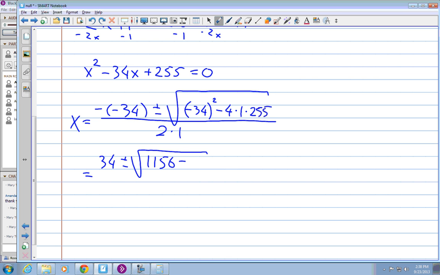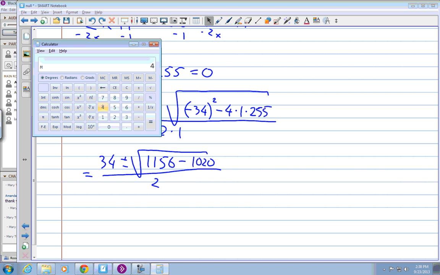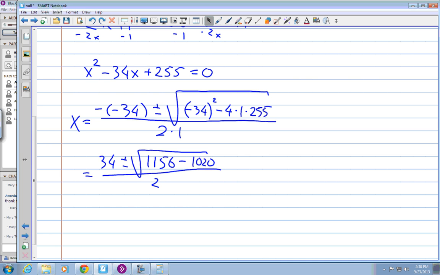No, wait, yes. 1020. If you multiply 4 by 255, am I correct on that? Yeah. So that leaves us with 34 plus or minus the square root of 136 over 2.